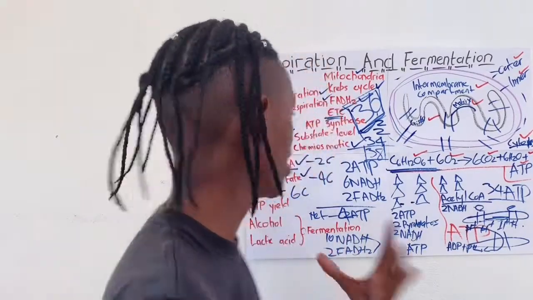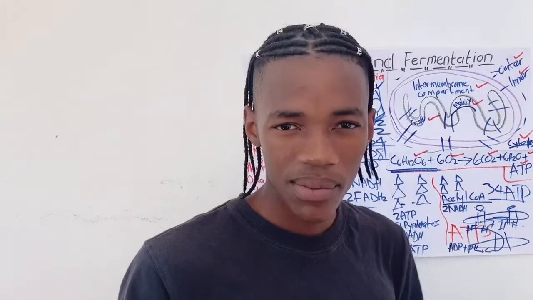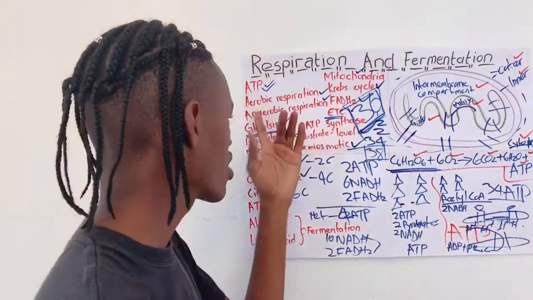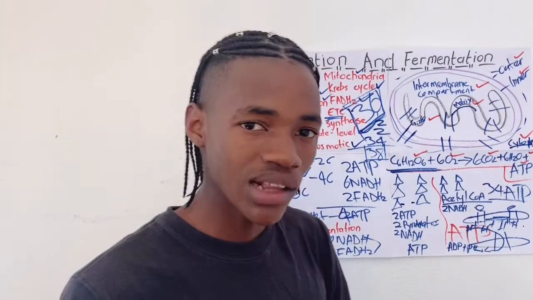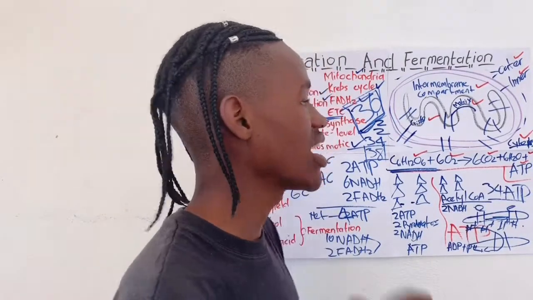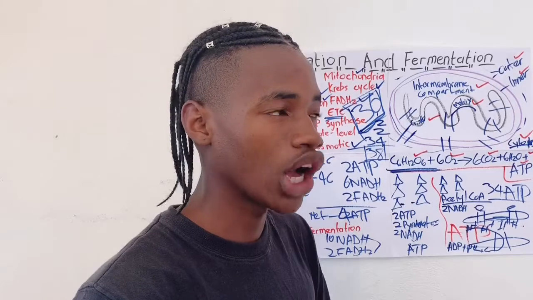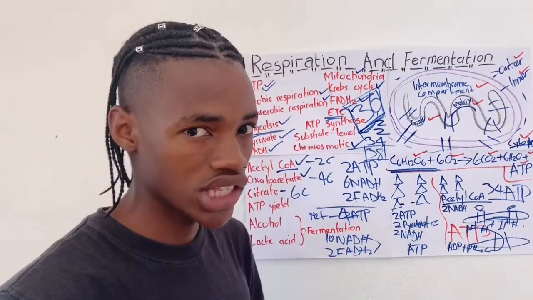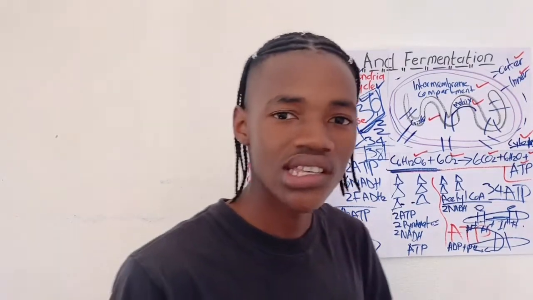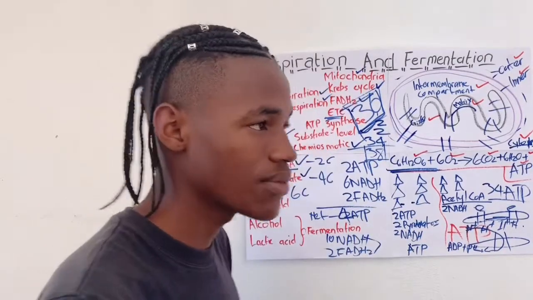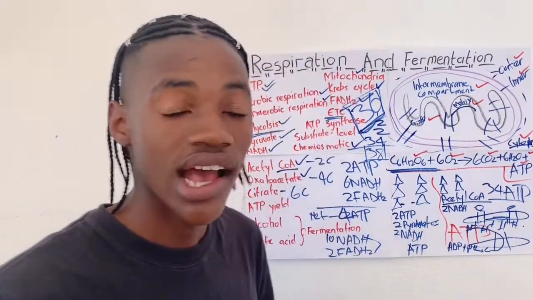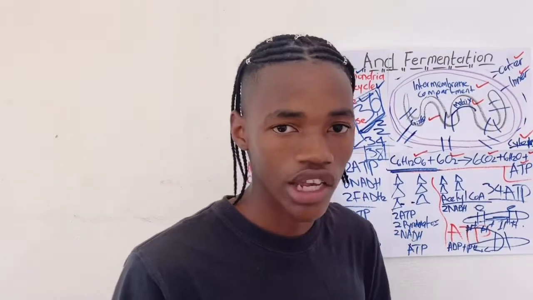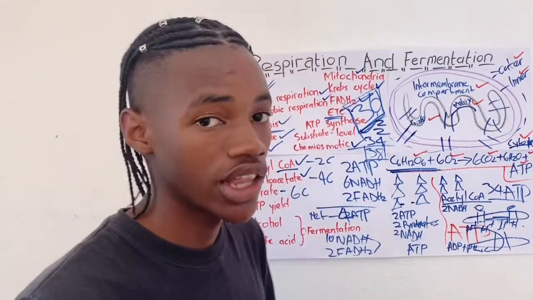And then anaerobic respiration is pretty much the same as aerobic respiration, but the final electron acceptor is a compound other than oxygen, and sometimes it is a sulfate, sometimes it is a nitrate, sometimes it is carbon dioxide, depending on the environment and the condition.